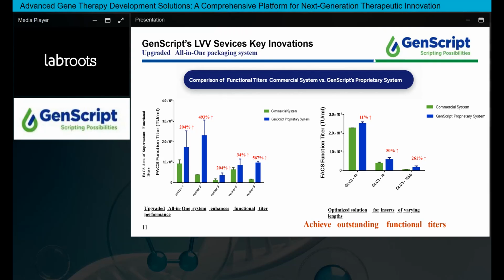As you see, the data on the right demonstrate our platform efficiently boosts the functional titer even for these challenging constructs and delivers dramatic improvement. In short, we have turned a complex and unpredictable process into a reliable, rapid, and high-performance service.